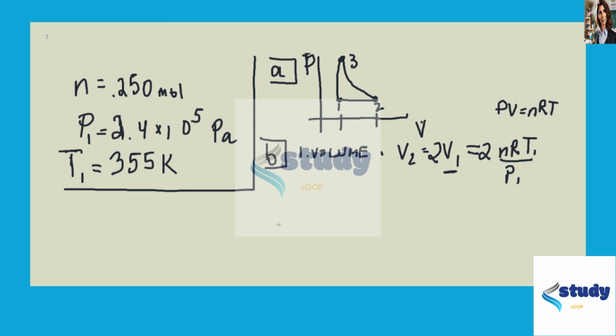And of course we have our R value. I can put it over here. So R, the gas constant, what is its value? 8.315. I forgot the units on that.